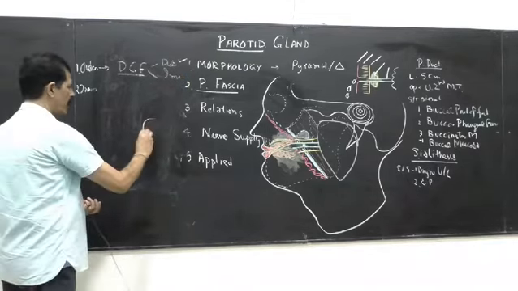It is derived from the deep fascia of the neck, which goes upward and gets attached deep to it. So when it comes from the neck to the face, it is divided into two laminas, the anterior layer and the posterior layer, because the inner one is the true capsule.